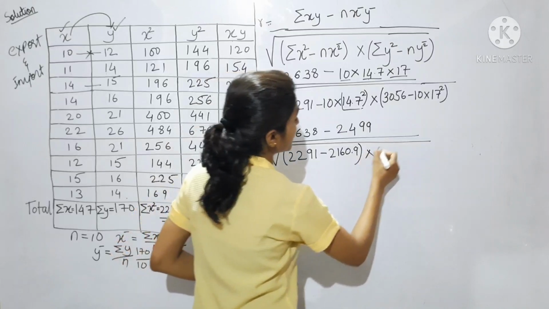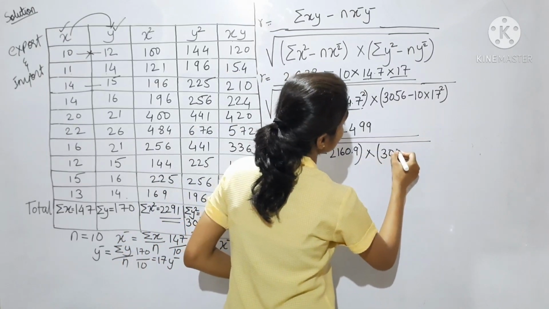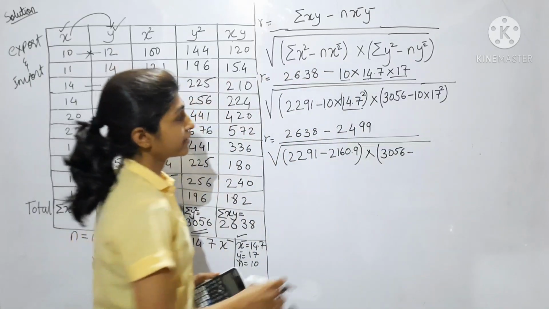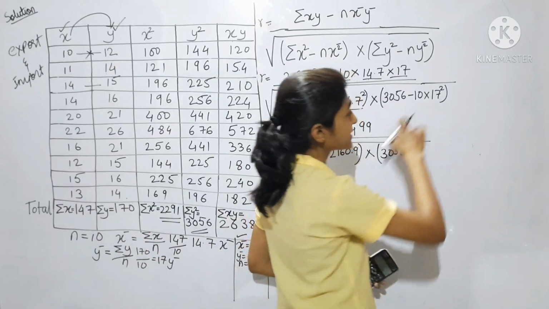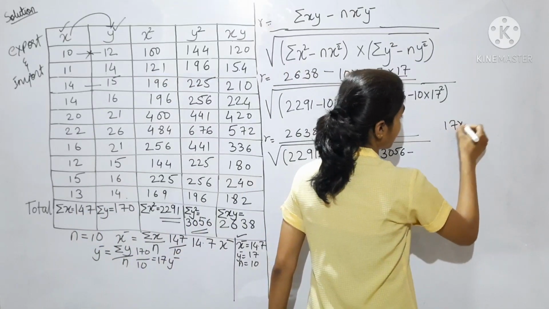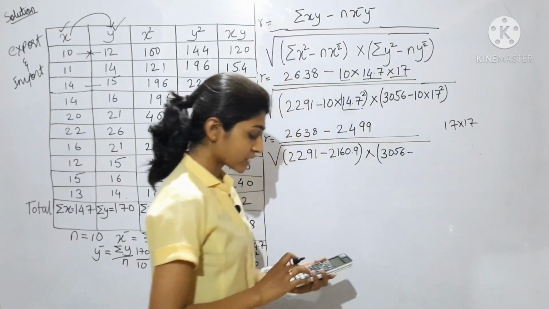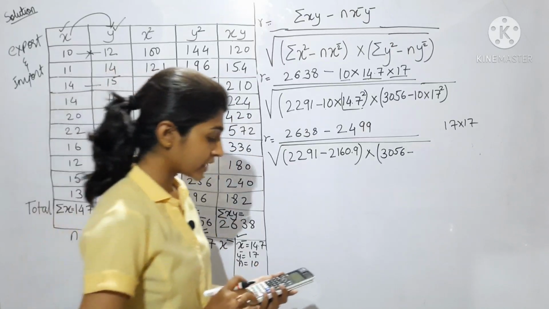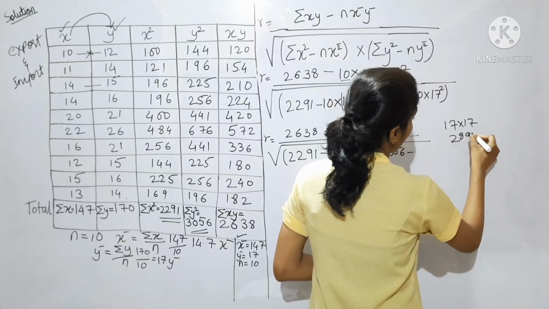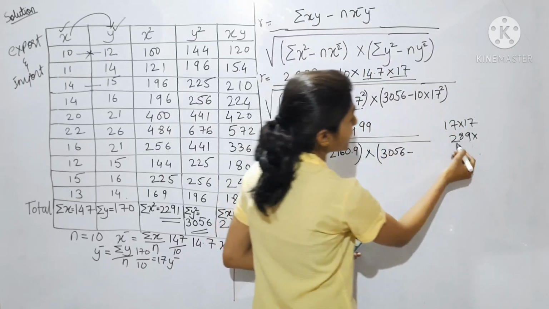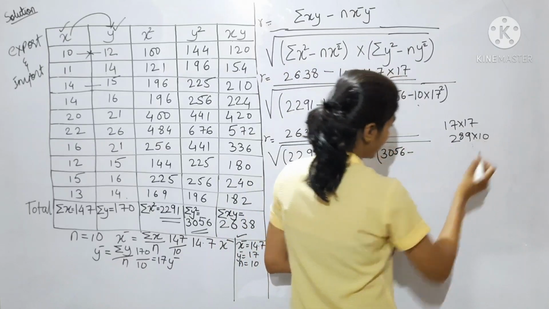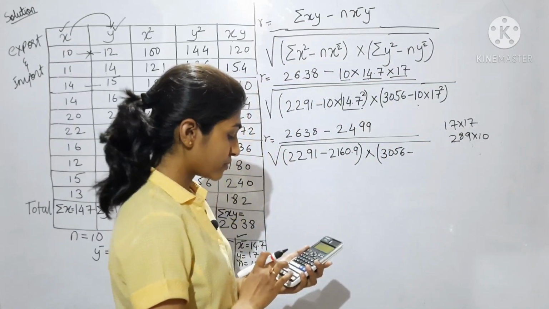Next bracket, write 3056 as it is minus, now again see 10 multiply by 17 square. So find the square of 17. 17 square is 289, and whatever answer you get by square, multiply it by 10.